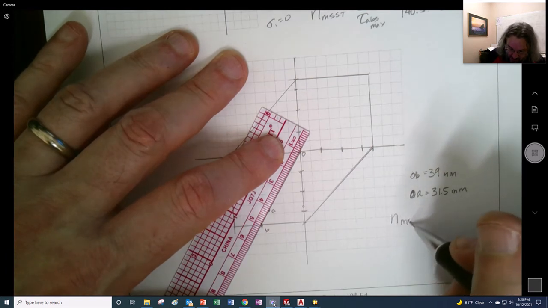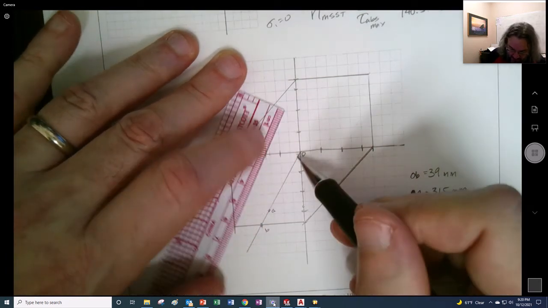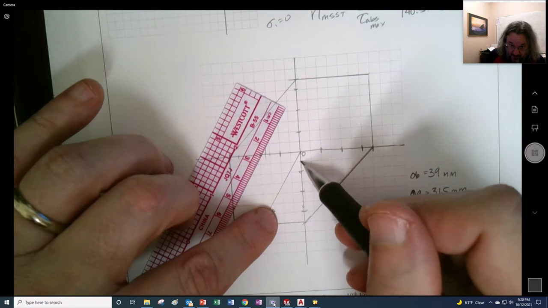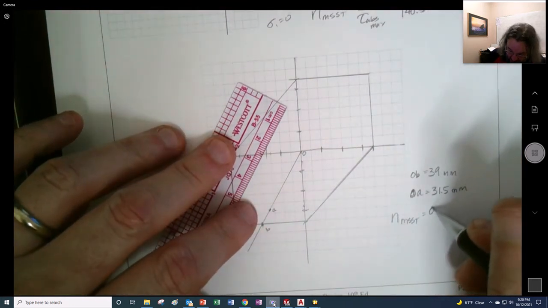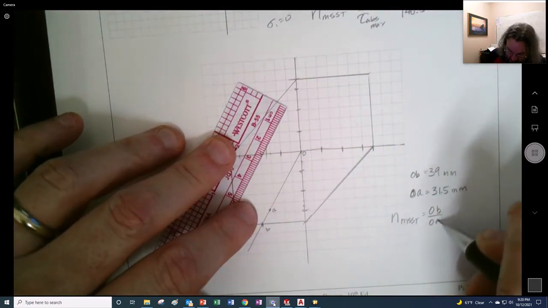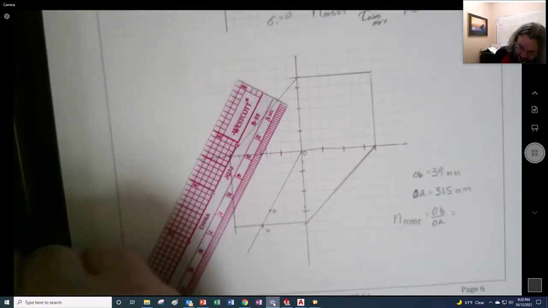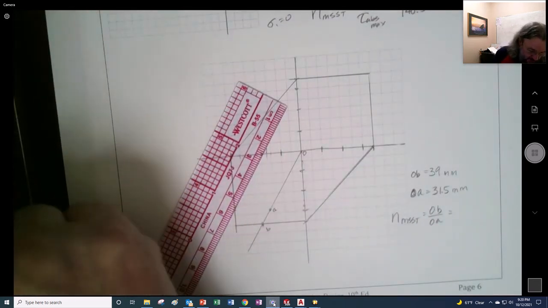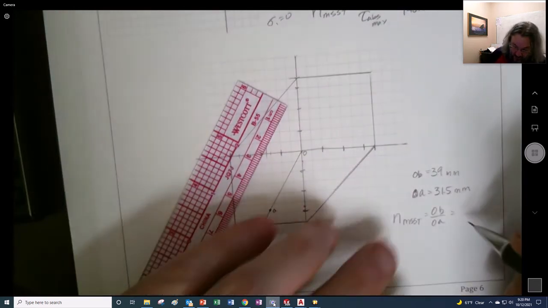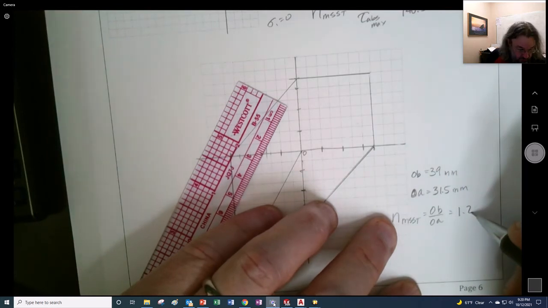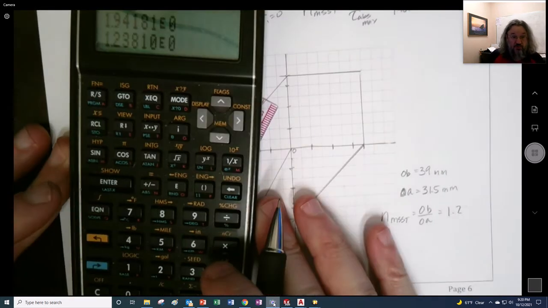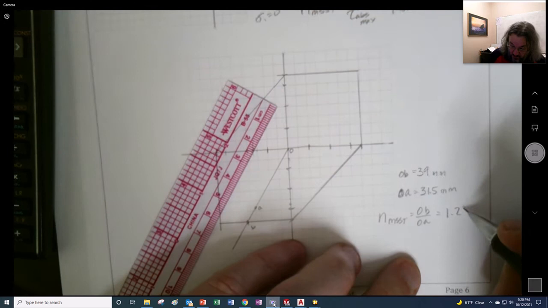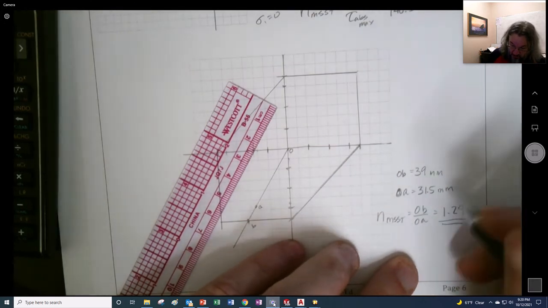So the maximum shear stress theory, we're going to take this distance divided by that distance, right? So that's the OB over OA. And so we get 39 divided by 31.5. And we get 1.238. 1.24. Woo, that's pretty good.